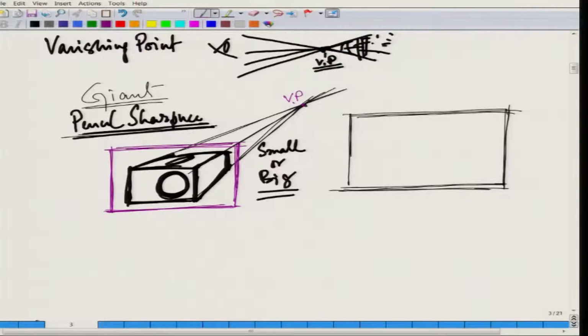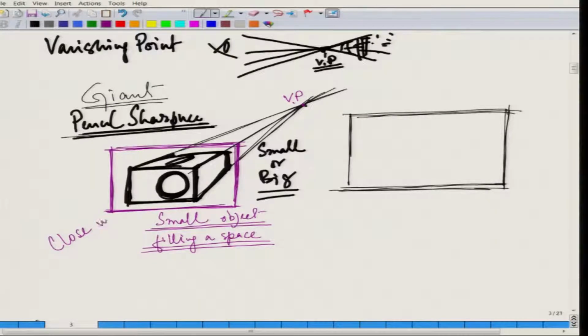The physical appearance for the same object will look reduced. So, this will look like a small object which is filling a space. So, this is basically a close-up view. And that does not necessarily tell you that this is a very large object.